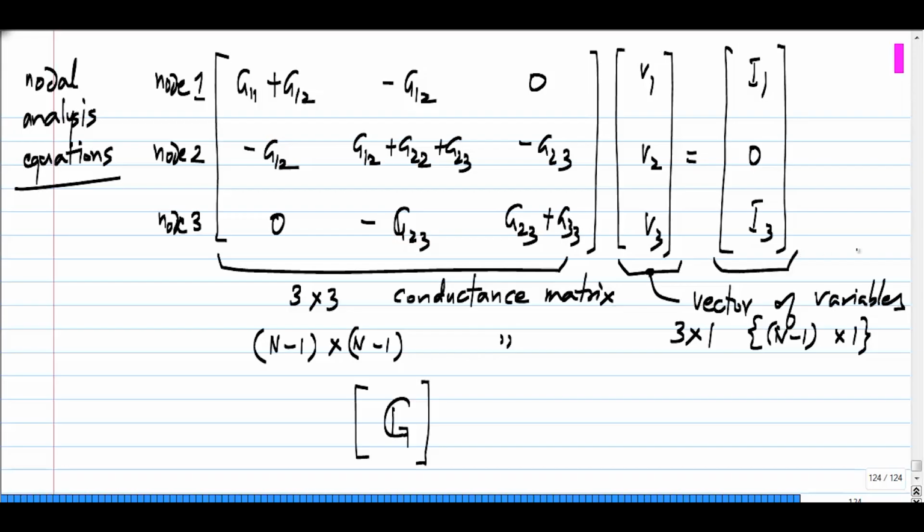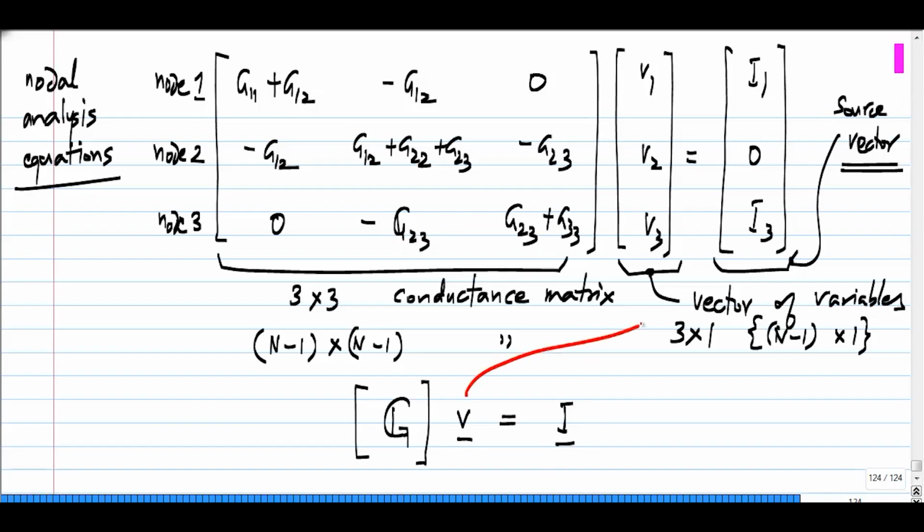And finally, the entry on the right hand side, this corresponds to the vector of sources. So, what I have is conductance matrix G times the vector of voltages V being equal to the vector of independent sources I. Okay. So, this is this and this is that.